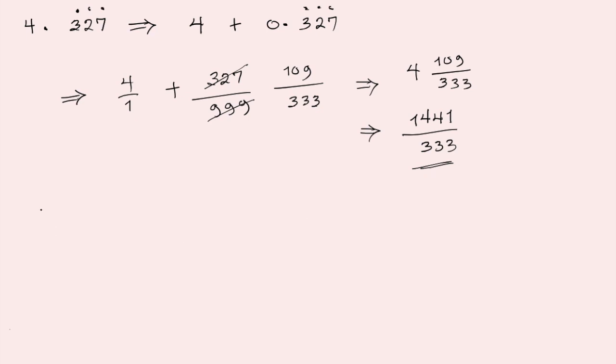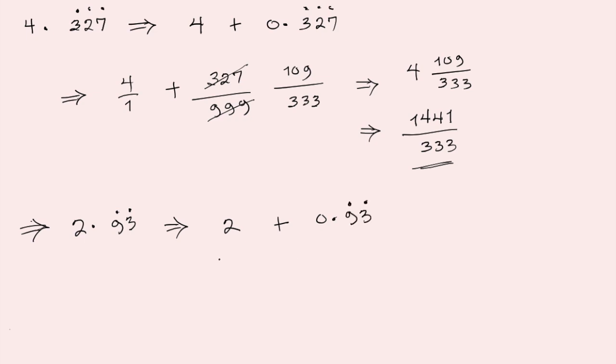If we do one more, 2.93 repeating. Now again, this is going to be equal to 2 plus 0.93 repeating.